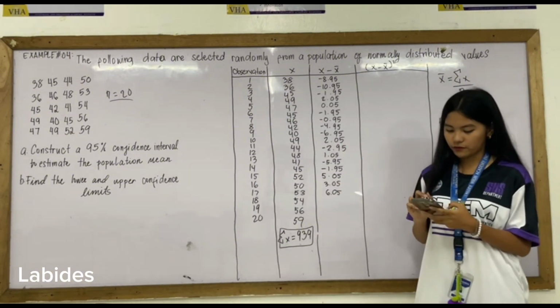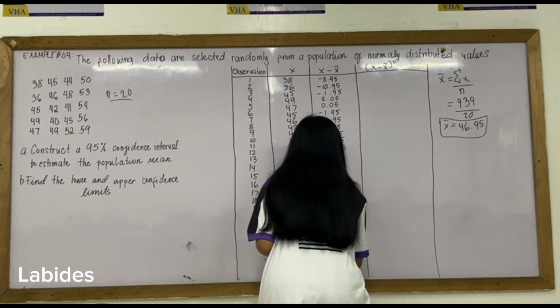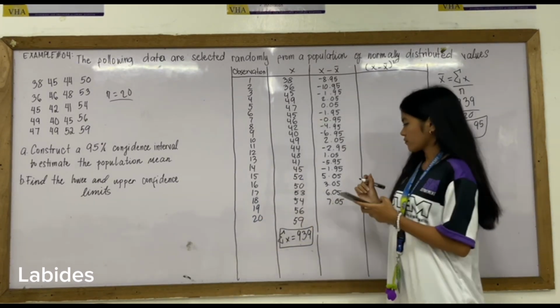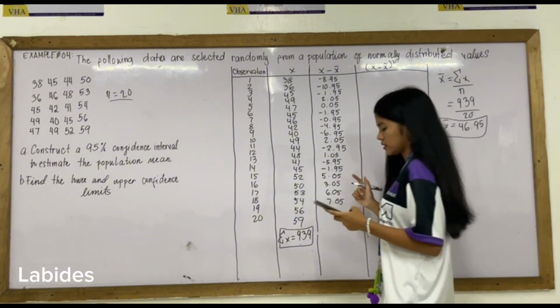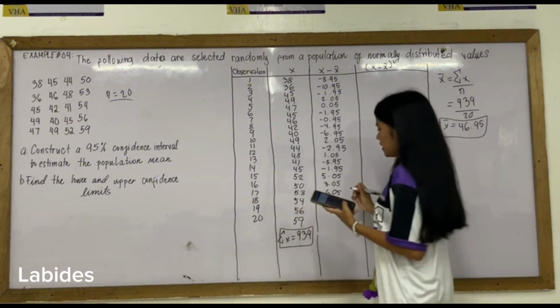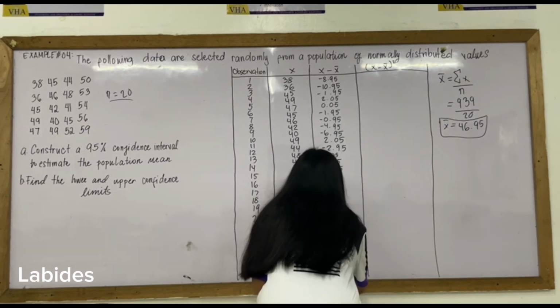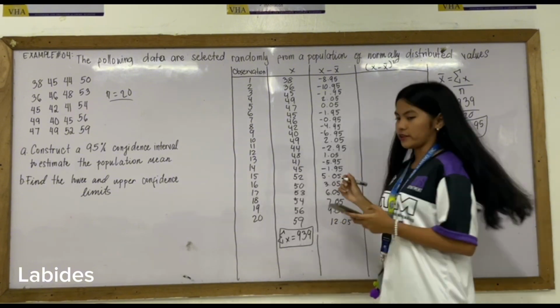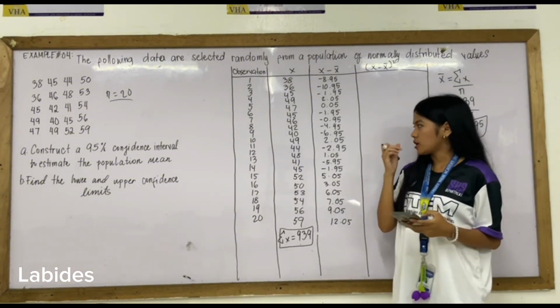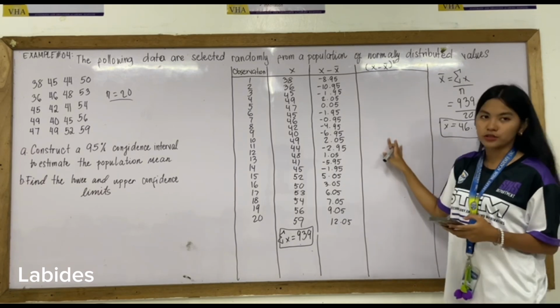And then 54. 7.05. And then 56. 9.05. And lastly, we have 59, which gives us 12.05. Okay? So now, let's move on to the fourth column.